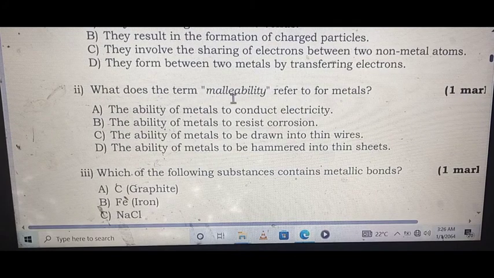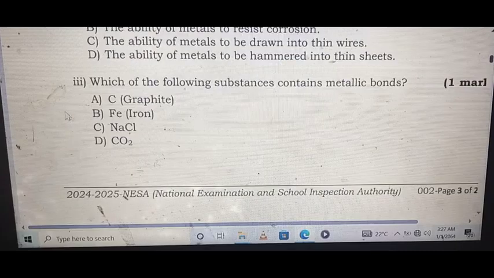What does the term malleability refer to for metals? The correct answer is letter D, the ability of a metal to be hammered into thin sheets. 3. Which of the following substances contain metallic bonds? The correct answer is letter B, iron.